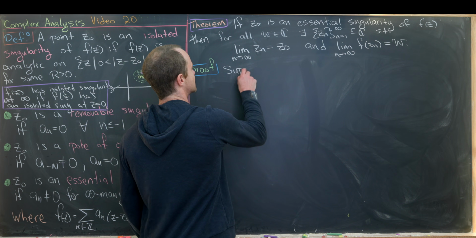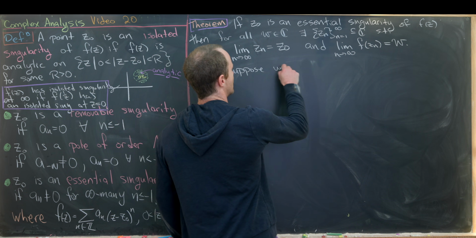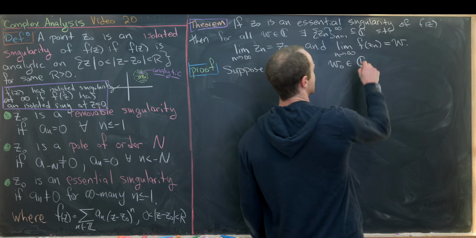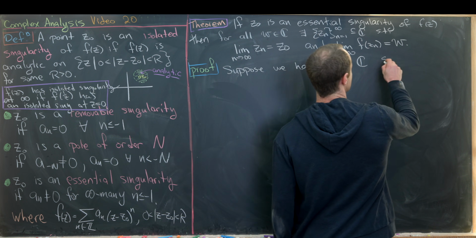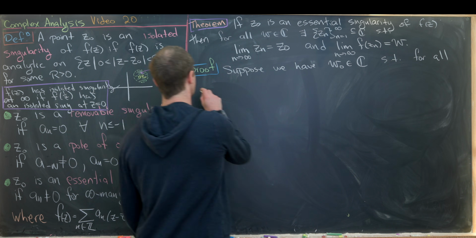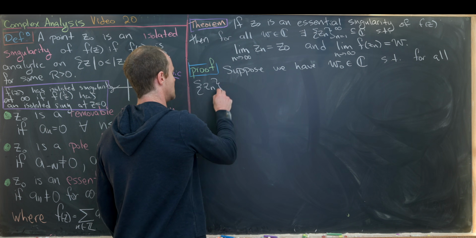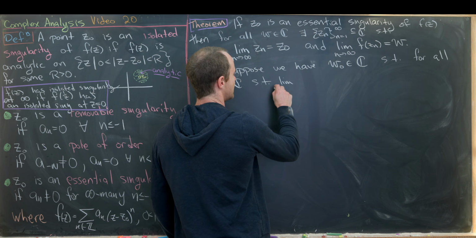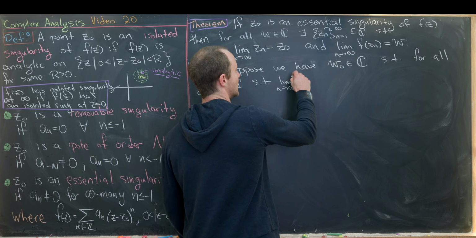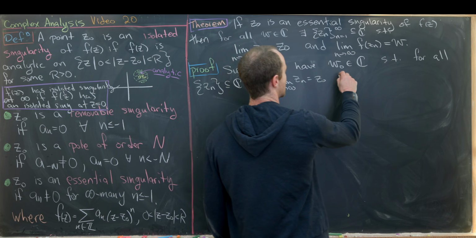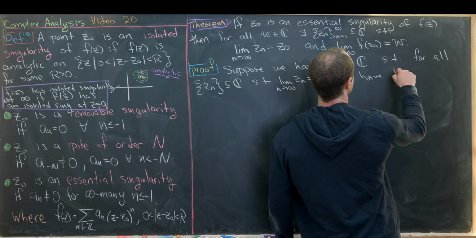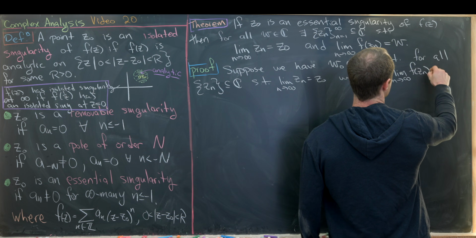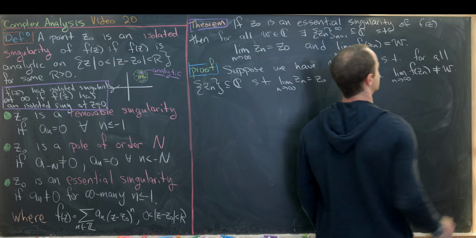So let's suppose that we have something which I'll call w0 in C such that all sequences z_n, which are sequences of complex numbers, such that the limit as n goes to infinity of z_n is equal to z0, we have the limit as n goes to infinity of f of z_n is not equal to w.